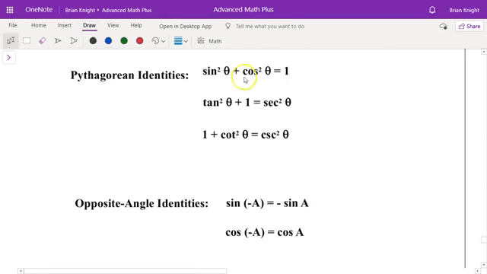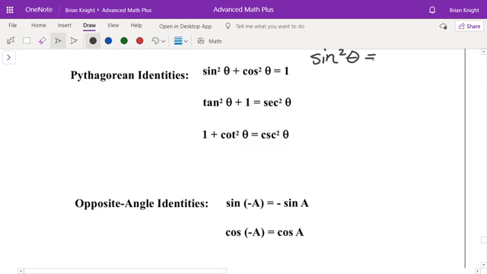And what am I talking about? Well, if you have sine squared theta plus cosine squared theta equals 1, well, what would sine squared theta equal? Crickets. Use this and tell me what sine squared theta would equal. Not 1/2.